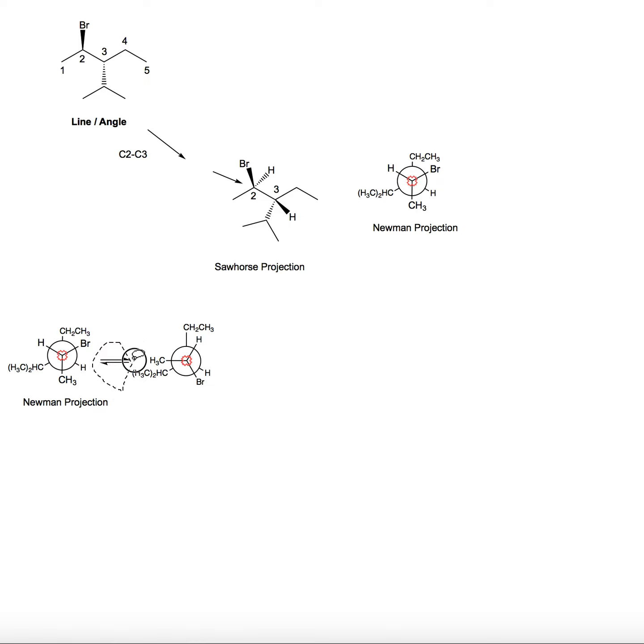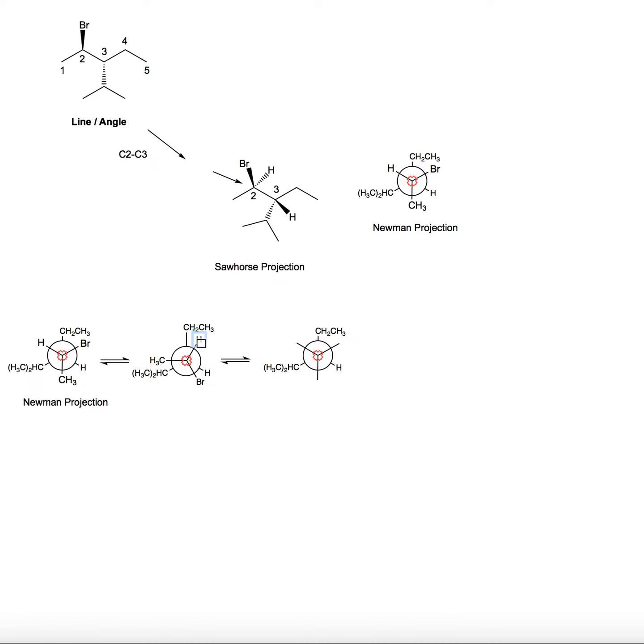Then next we can rotate another 60 degrees, keeping once again the back carbon fixed and rotating the front carbon. That's going to take us from eclipsed to another staggered conformation. So once again, the back carbon remains fixed.